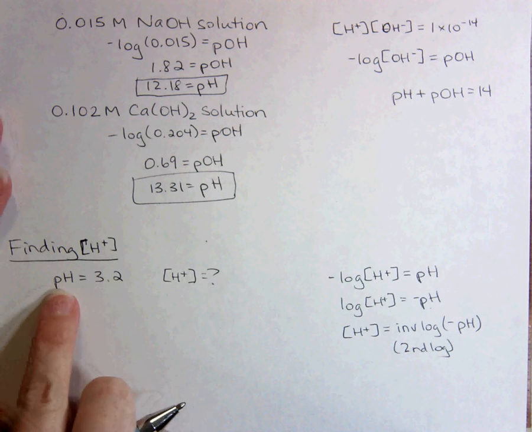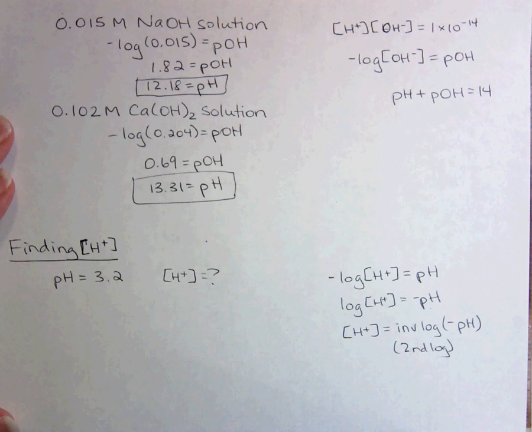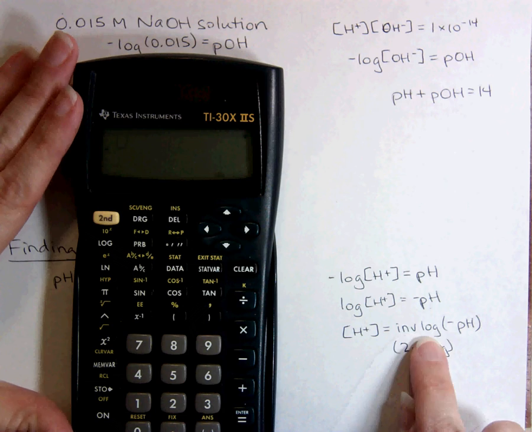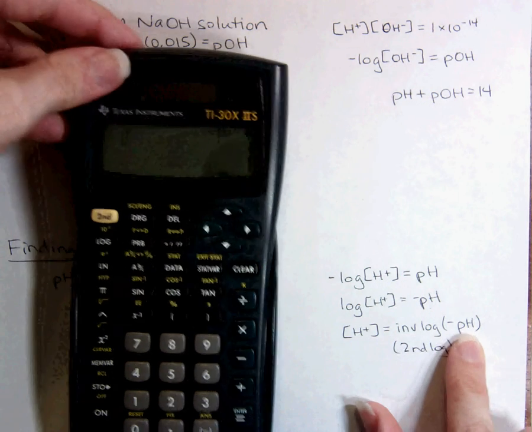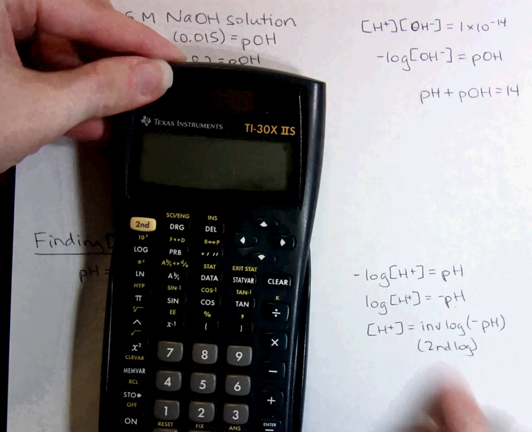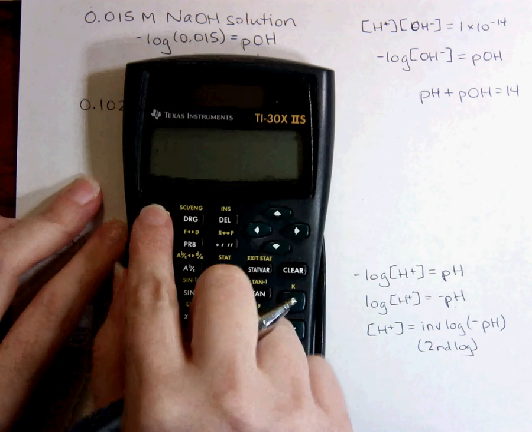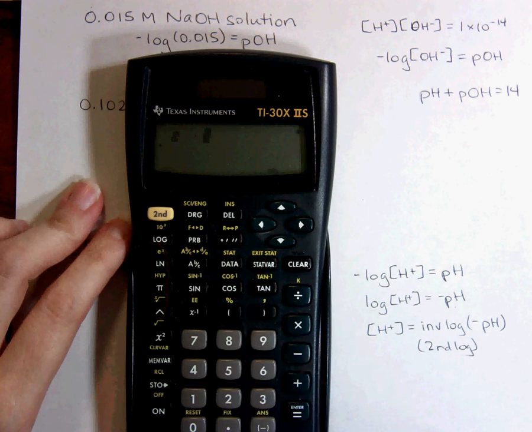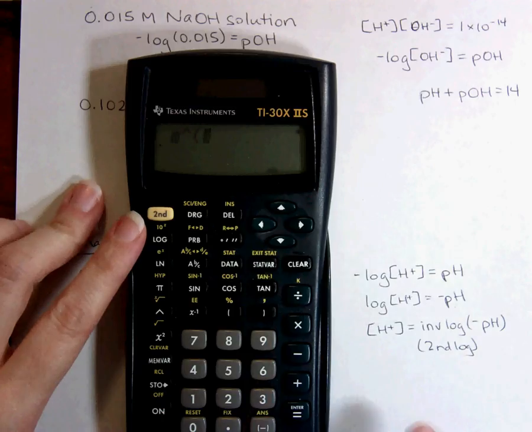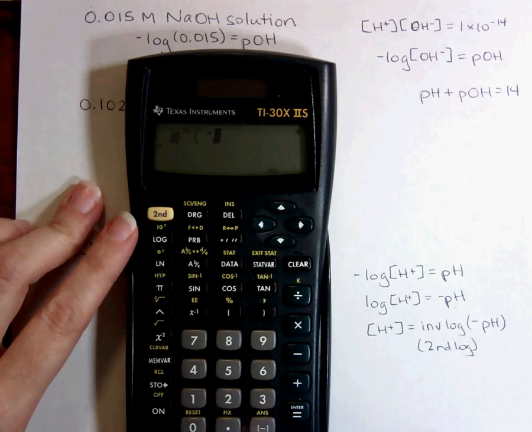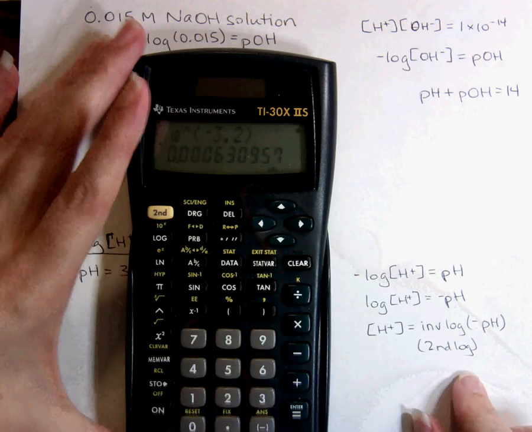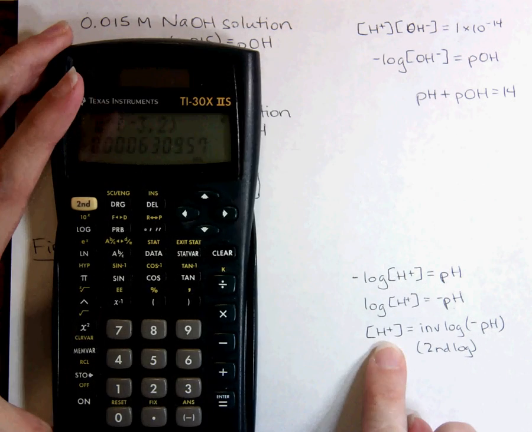So if I have a pH of 3.2, then I'm going to take the inverse log of the negative pH. I said that my pH was 3.2, so I'm going to do the inverse log, which is second log of negative 3.2, and that gives me my hydrogen ion concentration.